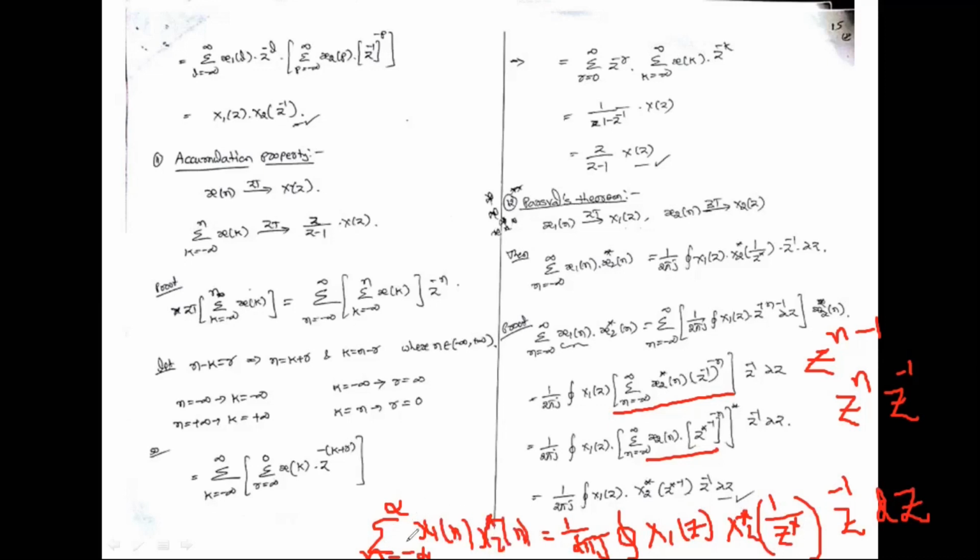One signal is multiplied with the conjugate signal x2 of n. By using the inverse Z transformation formula, 1 by 2 pi j the integral x1 of z, z power n minus 1 dz, you get 1 by 2 pi j the integral x1 of z and x2 star of 1 by z star, z inverse dz.